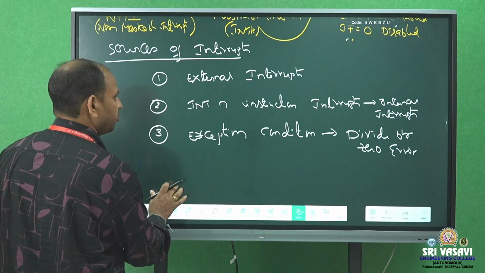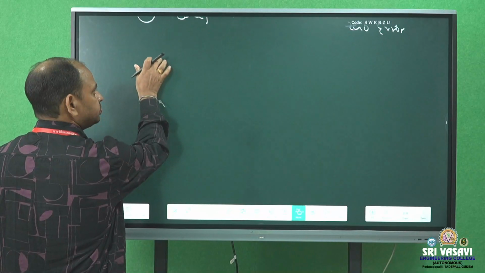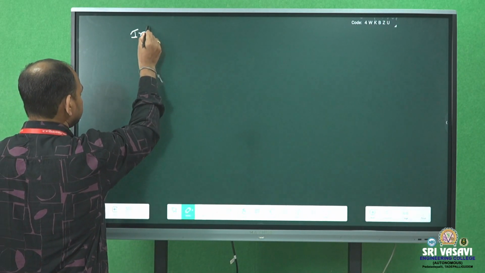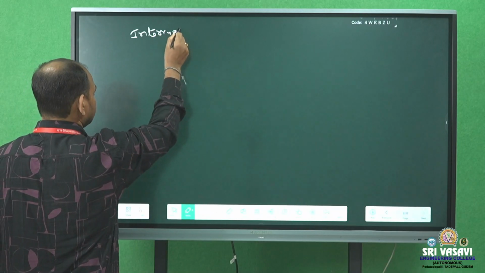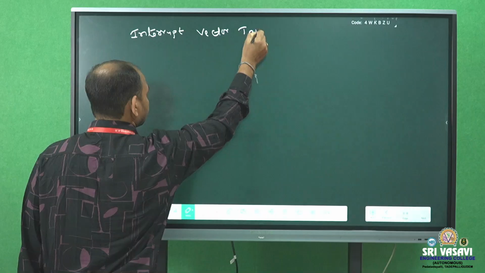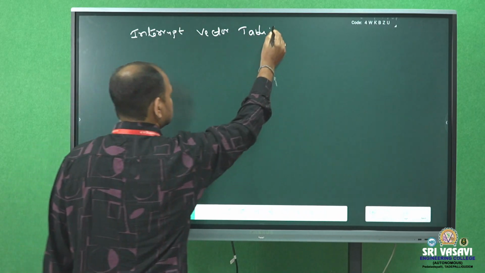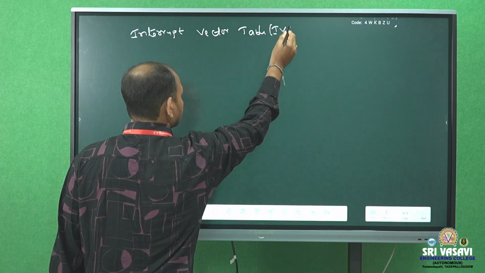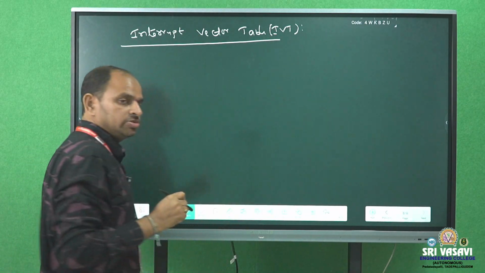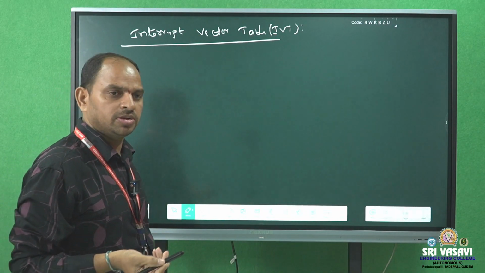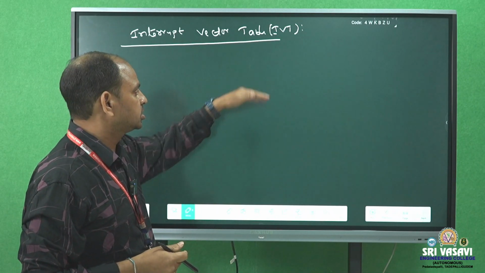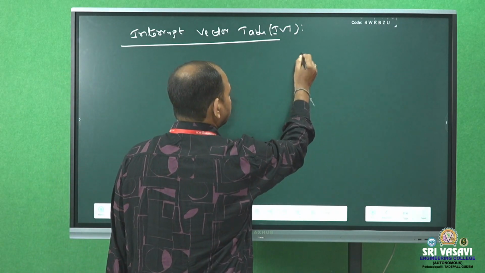Then I will go to the next topic, the interrupt vector table. Whenever the microprocessor gets an interrupt, it stops executing the main program and goes to another subprogram called the interrupt service routine.